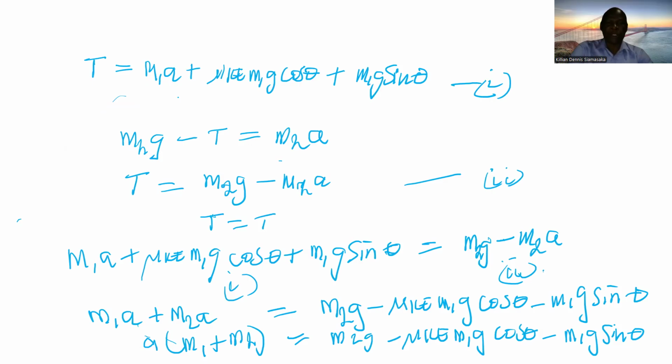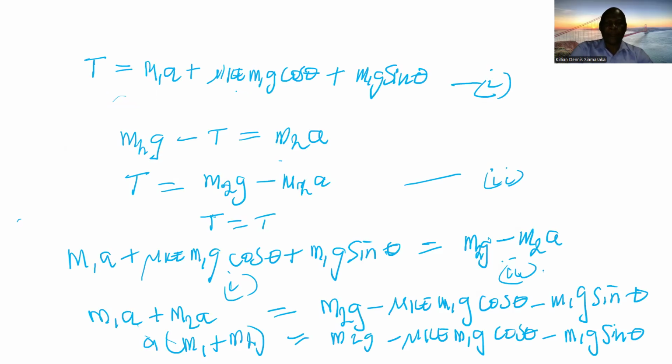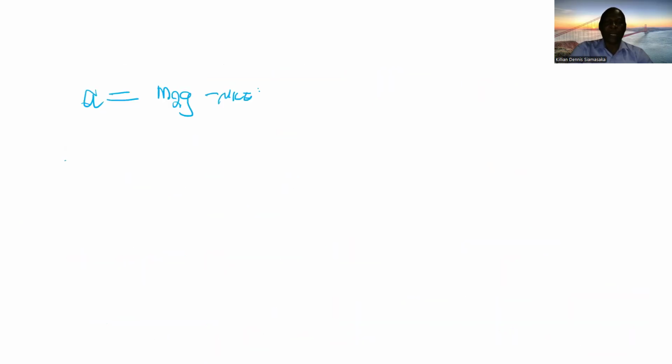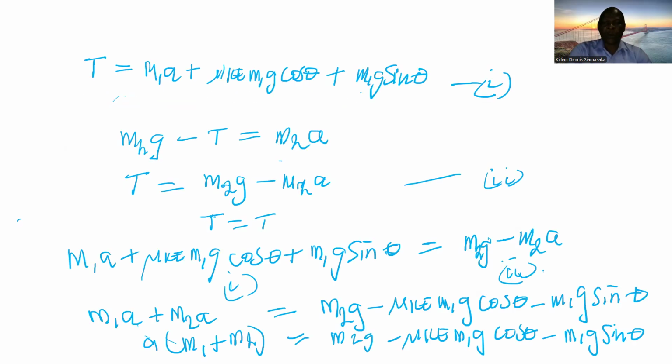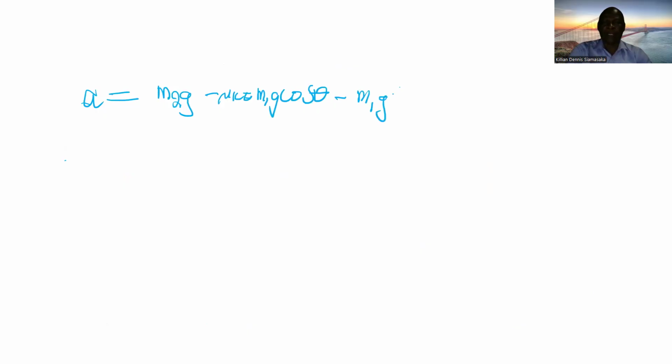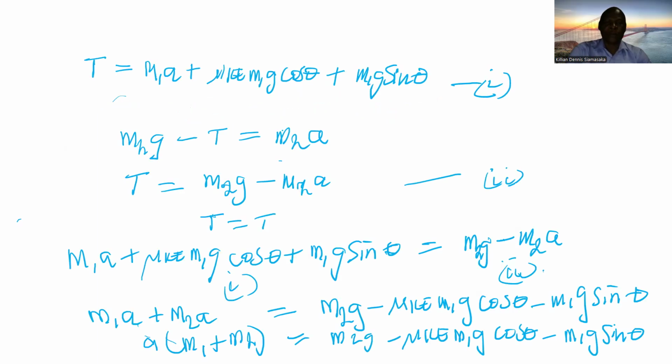Acceleration is equal to the whole of this equation: m2 g minus coefficient of kinetic friction times m1 g cos theta, and then minus m1 g sin theta, and then divided by m1 plus m2, which we factored out.